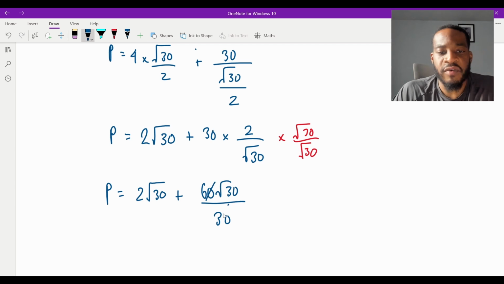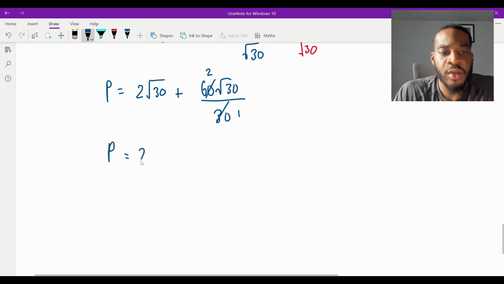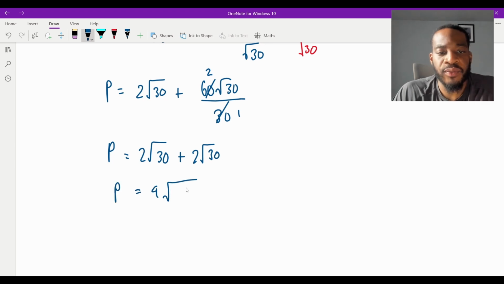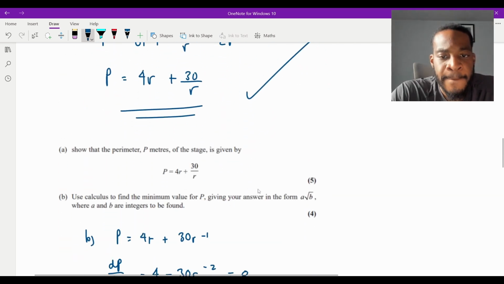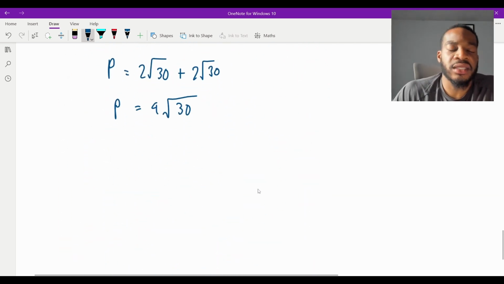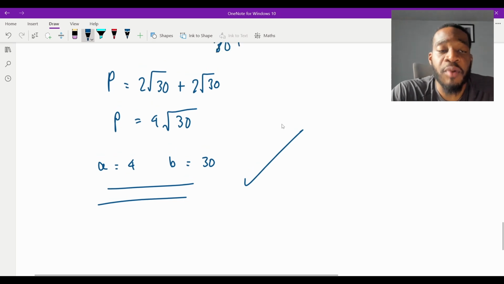And then that is 60 over 30, that's just 2. Perfect. So therefore, it's literally just P is equal to 2 root 30 plus 2 root 30, which is equal to 4 root 30. And the question did ask us to give it in the form of A root B. So I'm just going to say A is going to equal 4 and B is going to equal 30. Perfect. That's part B.